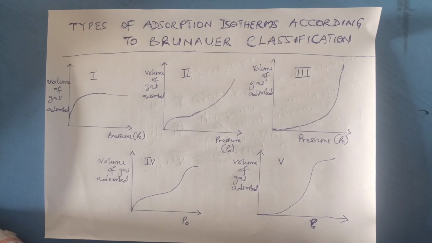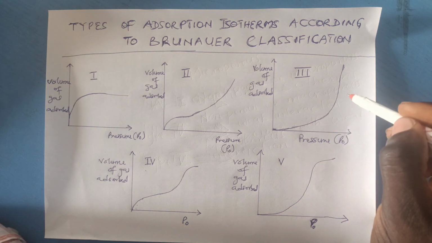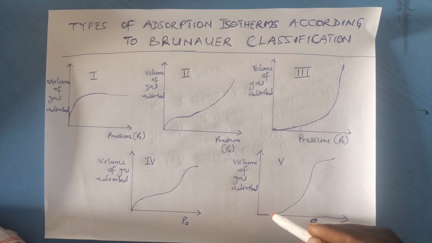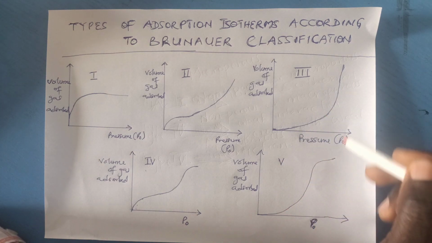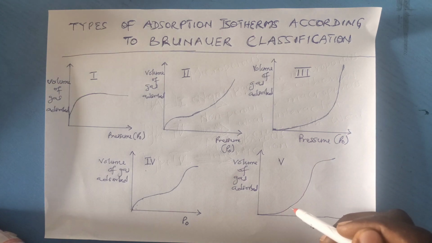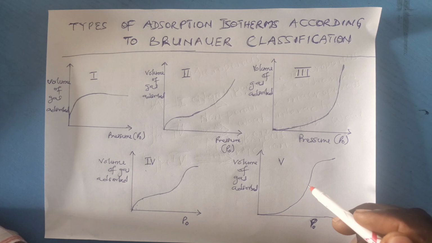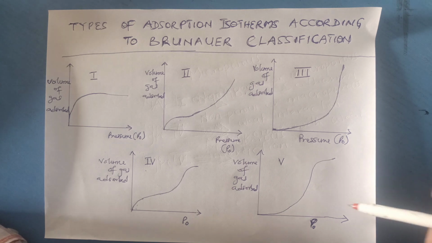Type 5 adsorption isotherm has a similar variation to type 3. You can see where type 3 ended, type 5 continues from there. It is obtained when water vapor is adsorbed on activated carbon at about 100 degrees C. That is an example you can obtain for a type 5 adsorption isotherm.